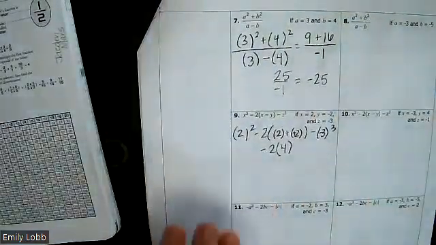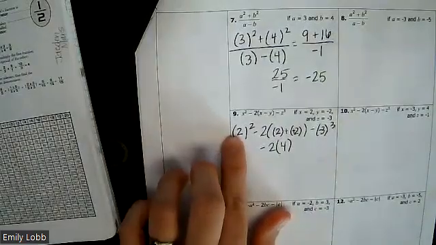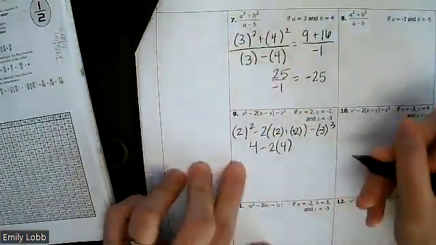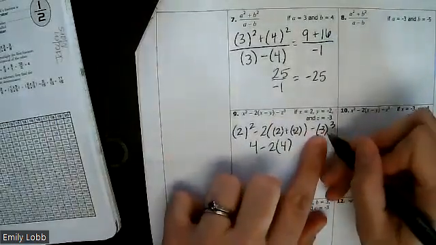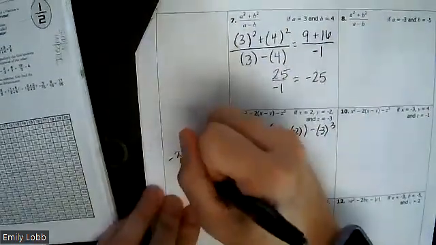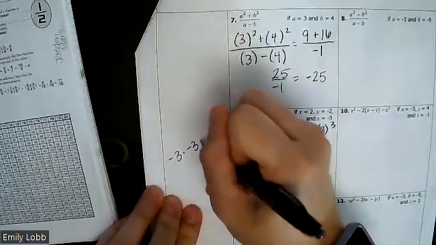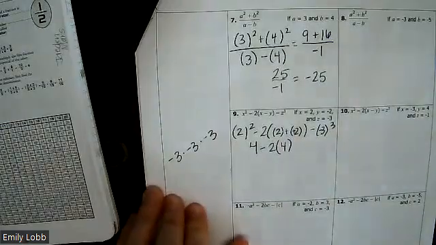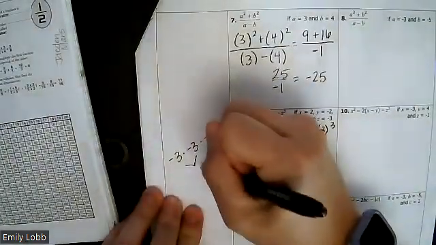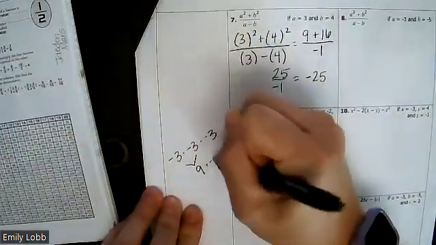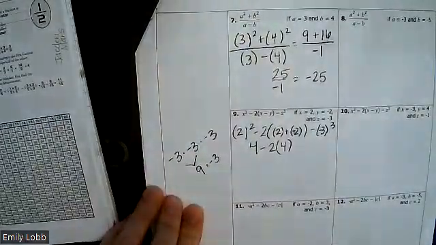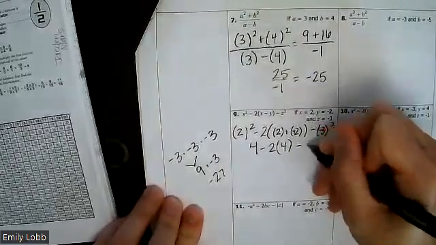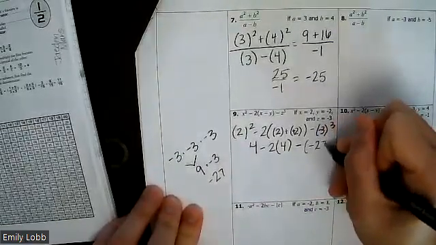Now, can we do our exponents? 2 times 2 here is also 4. This one's a little tricky because we have negative 3 to the third power. So we have 3 factors of negative 3. Negative 3 times negative 3 is 9 times negative 3 is negative 27. So I have the opposite of negative 27.